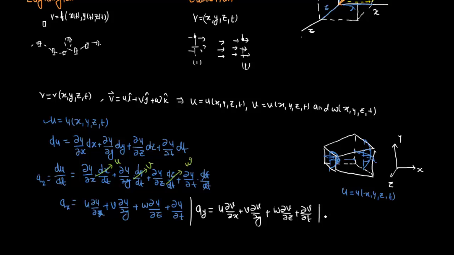And similarly, acceleration in z direction is u del w by del x, plus v del w by del y, plus w del w by del z, plus del w by del t. So this is the acceleration in z direction, this is the acceleration in y direction, and this is the acceleration in x direction. Okay, so here we define the acceleration in all three directions.